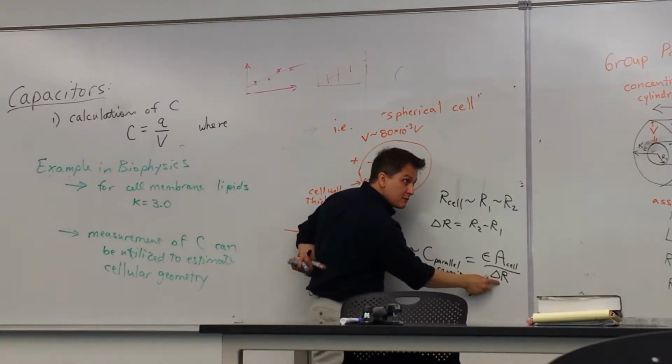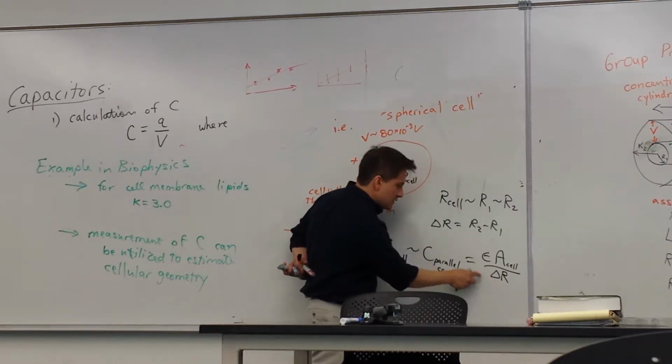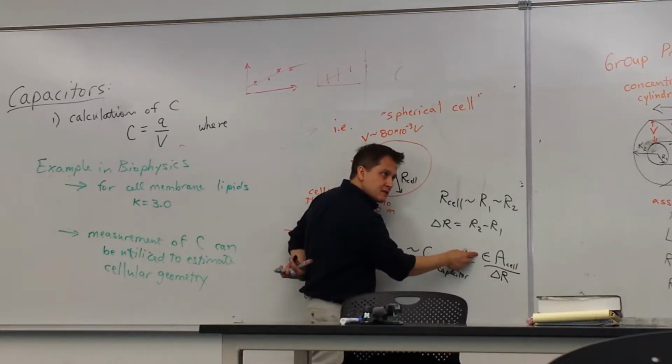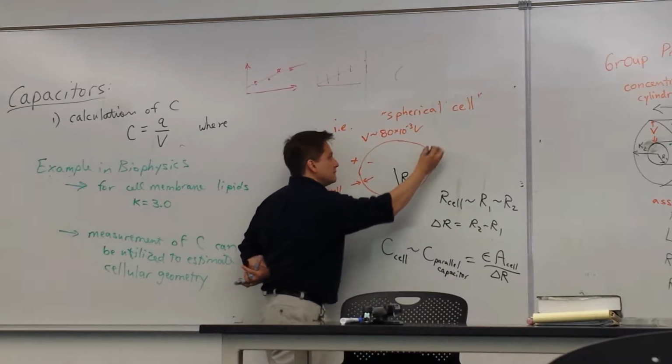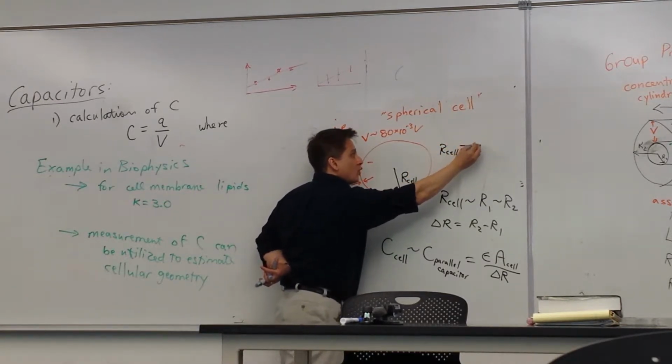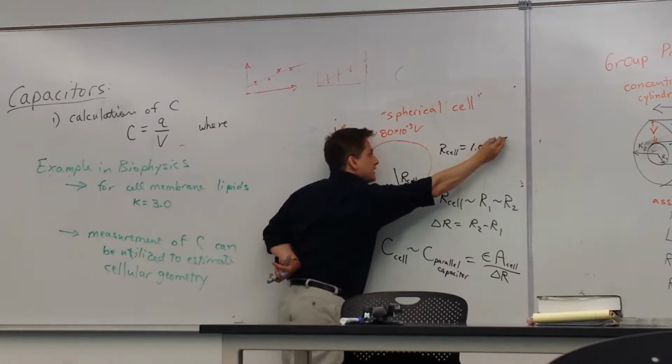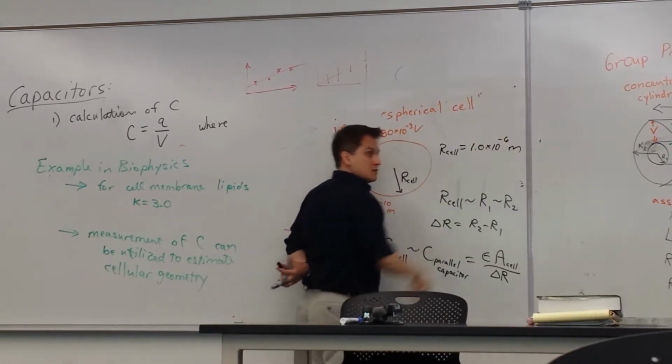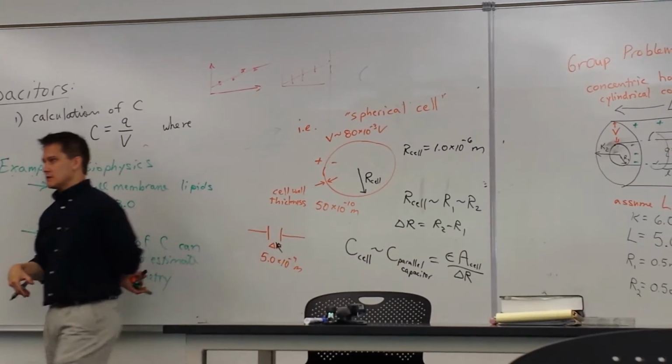This is for 50 angstroms, 5 nanometers. And this is 3 times epsilon naught. If hypothetically our cell had a value of 1 times 10 to the negative 6 meters, typical cellular size.